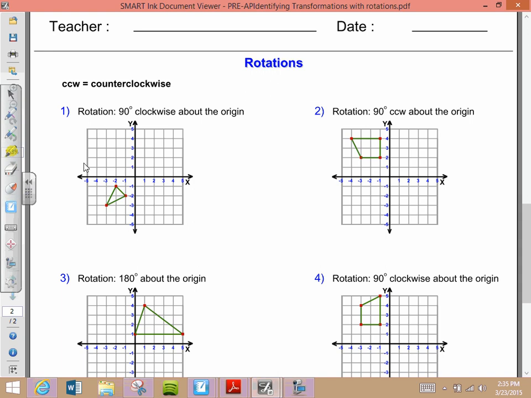Okay, so on this one we had a problem. Some of you did not understand. So I'm gonna show you what we just did for the homework. So where is the figure? In which quadrant? The third, right? So I'm gonna highlight the quadrant that it's in, and then it's saying rotate 90 degrees clockwise. This is right.